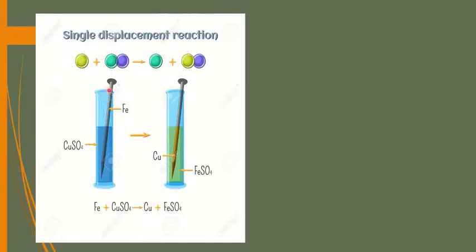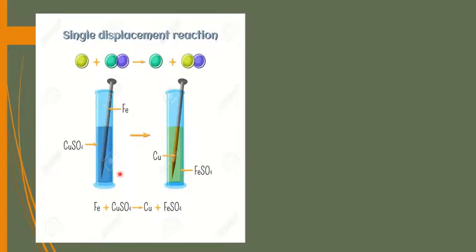Now substitution reaction. This reaction also can be called single displacement reaction. Dear students, this is our fourth reaction, single displacement reaction or substitution reaction. Here look, this is iron nail and this is copper sulfate solution.